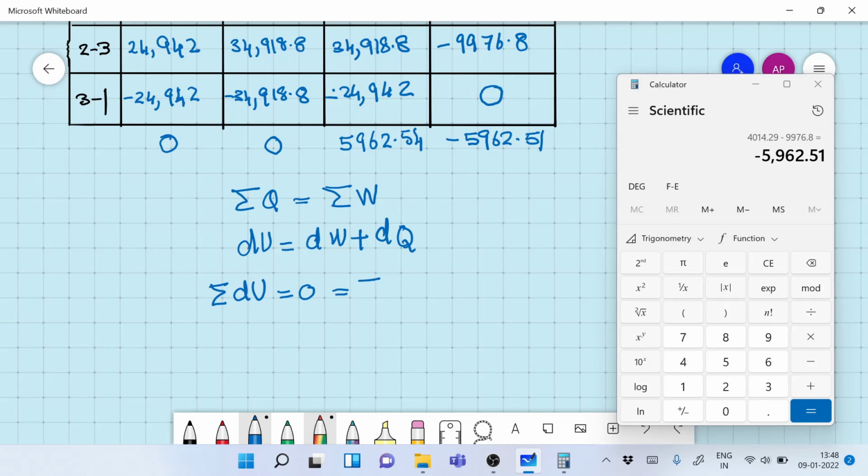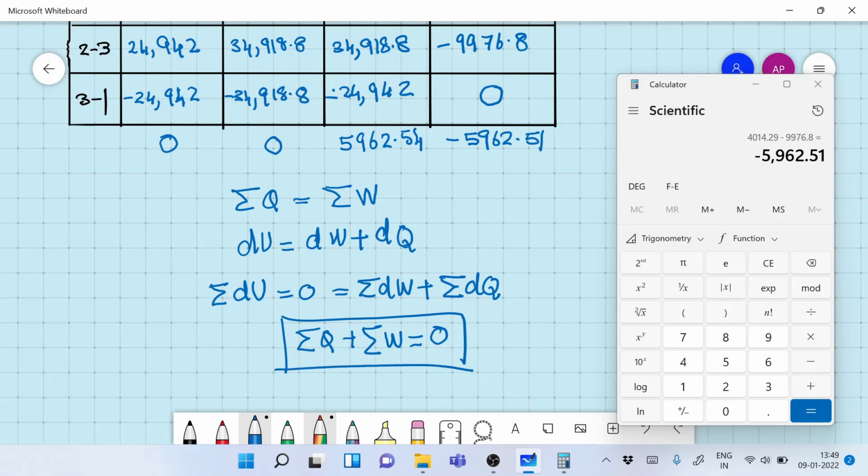This should be equal to summation dW plus summation dQ, or we can write summation Q plus summation W is equal to 0 for a cycle, and this gets proved in the problem.